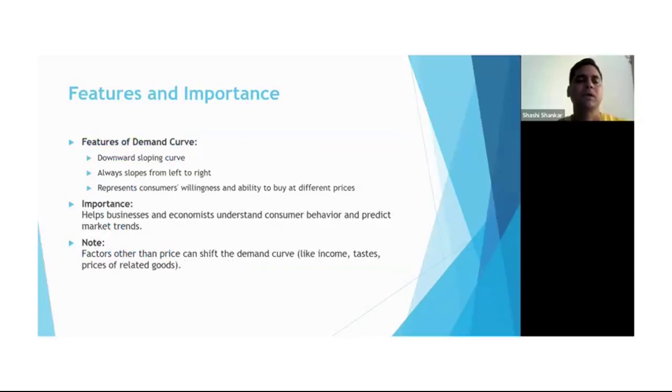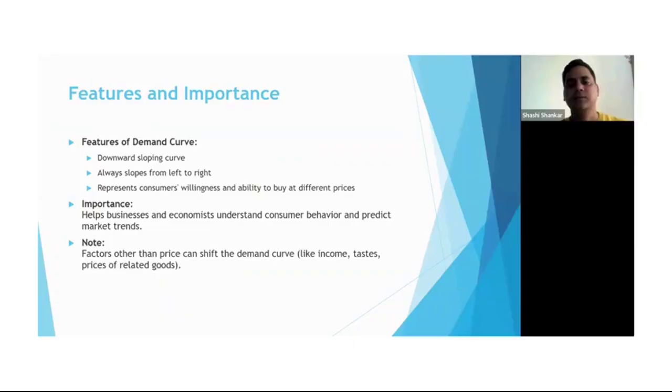As I mentioned, the feature of the demand curve is that it is a downward sloping curve, always sloping from left to right because of the inverse relationship between price and quantity demanded. The next one is that it represents consumers' willingness and ability to buy at different prices.